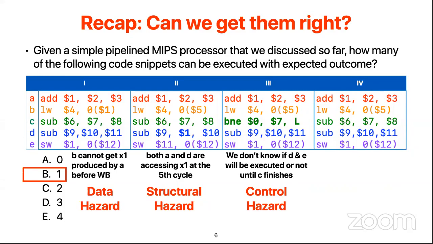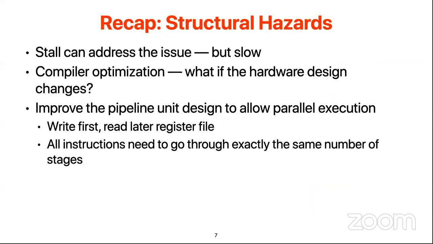So this question tells you about all the situations that you might encounter when dealing with your instructions. For structural hazards, we said the best way is probably to modify the hardware, because the limitation essentially comes from the hardware not allowing concurrent access.